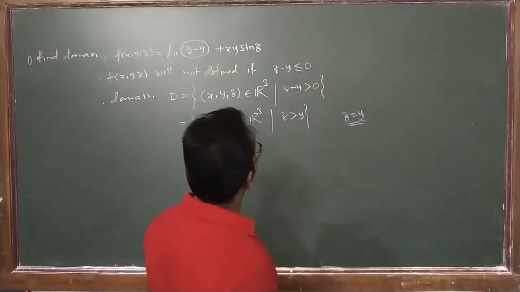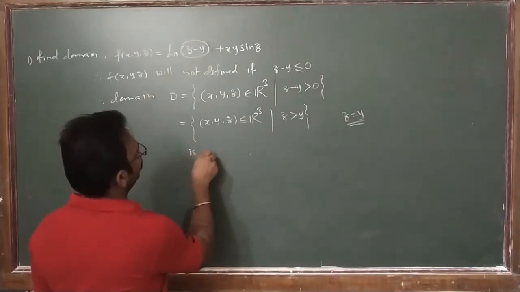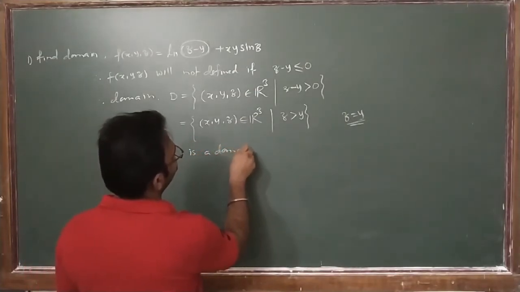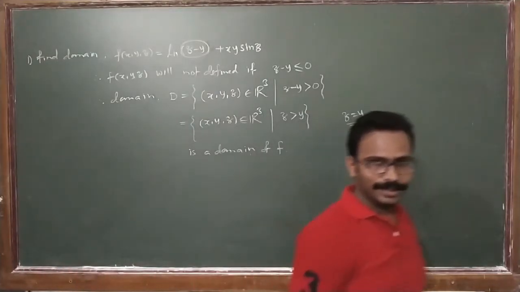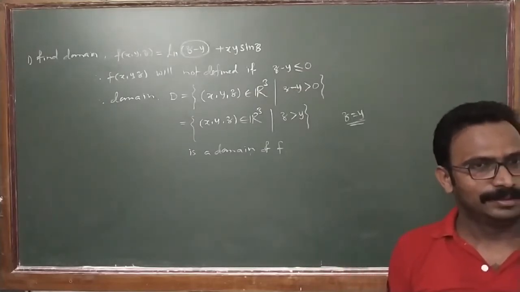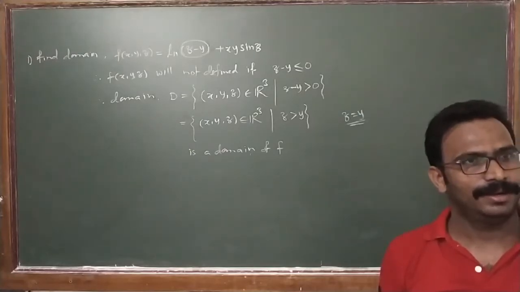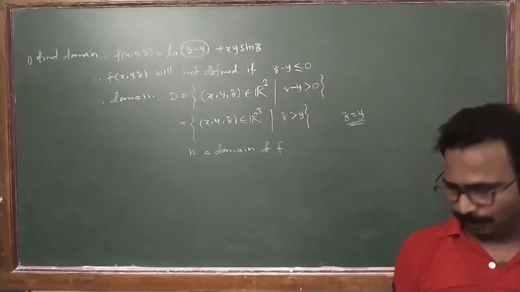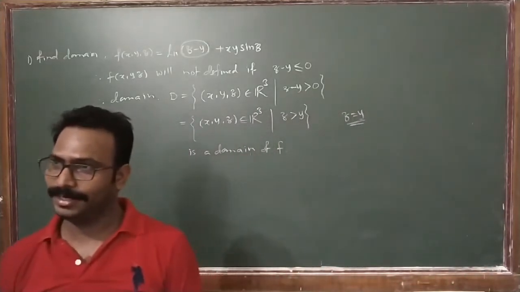So geometrically this is the domain of f. Now it is your job to visualize the surface z equal to y and the two divisions where z is less than y and z is greater than y.